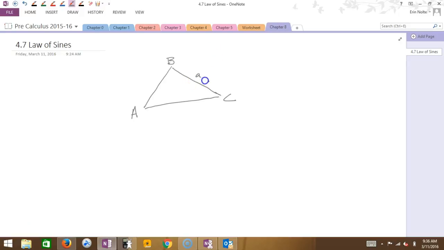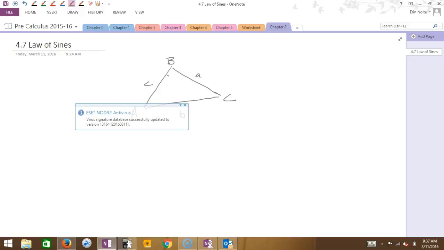This side is A, this side is B, and this side is C. So you notice about the sides, they're opposite and they're lowercase. They are lowercase and they are opposite of their angles. Piece of cake?